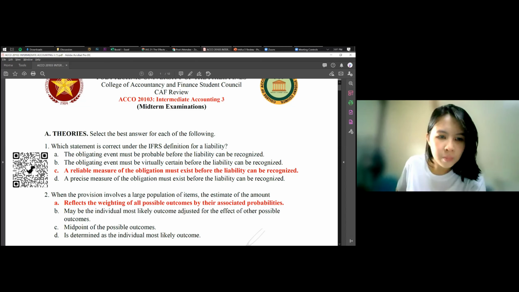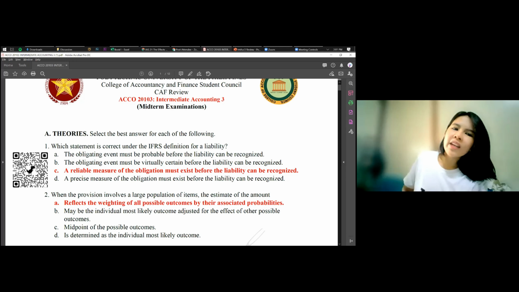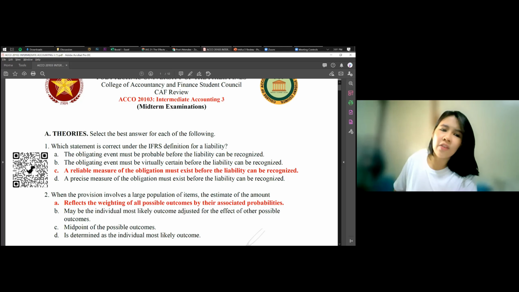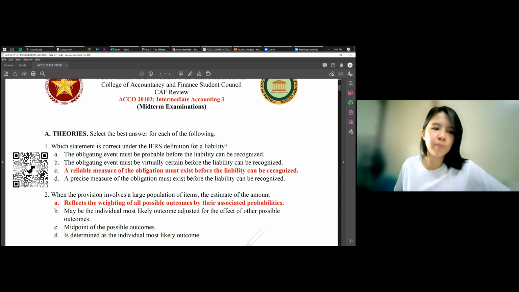Okay. Midpoint, no. Next, B is determined as the individual most likely outcome. So, why not B or D? Individual? Because of the word individual, diba? Because the question mentions that it is a large population of items.